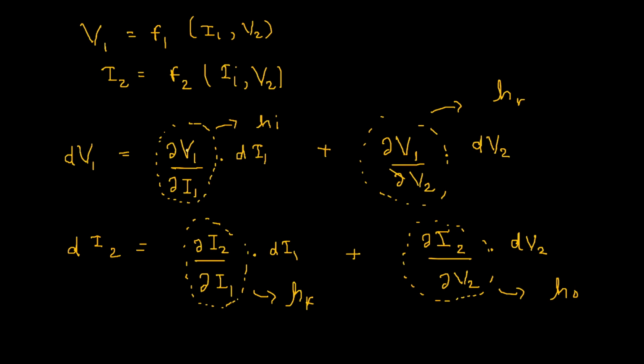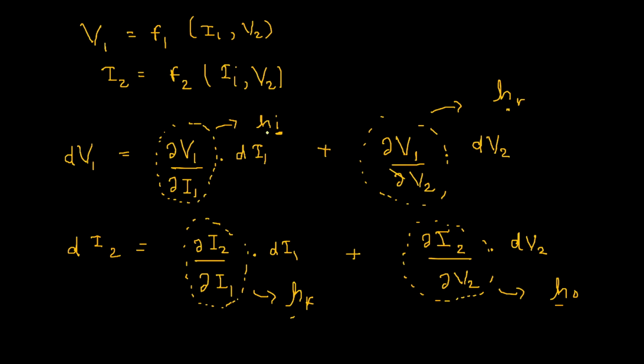So like you can see here, we label all of these partial derivatives with h. This h signifies a hybrid parameter. Hybrid parameters stand for different things at different places.